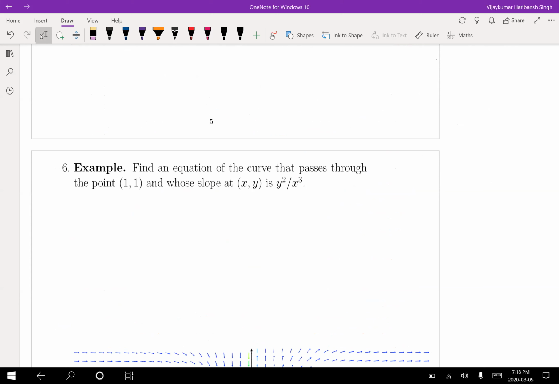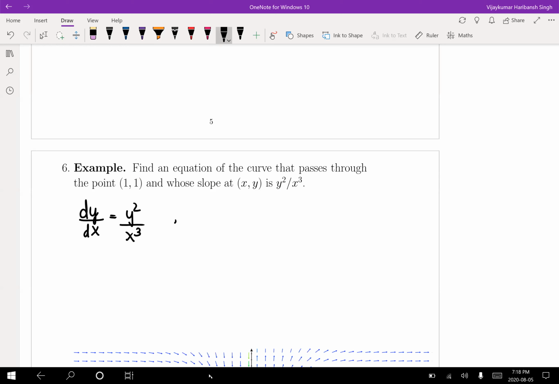Now let's look at the following problem. Find the equation of the curve that passes through (1, 1) and whose slope at (x, y) is y squared by x cubed. So slope means the derivative is the slope, right? So the derivative is y squared by x cubed.